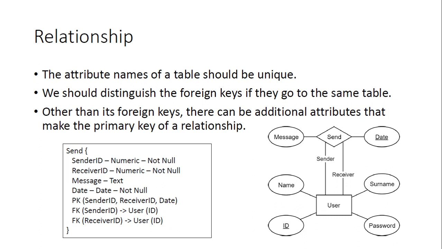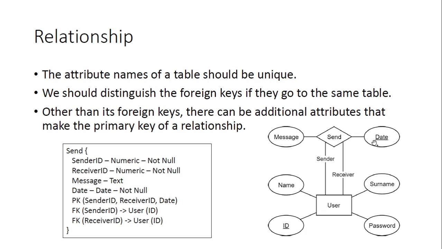Therefore, let's say Ali is the sender and Ayşe is the receiver, and to distinguish Ali sending a message to Ayşe, we also make the date a part of the primary key. If this was just a many-to-many relationship, we would say the primary key is the sender ID and receiver ID together.